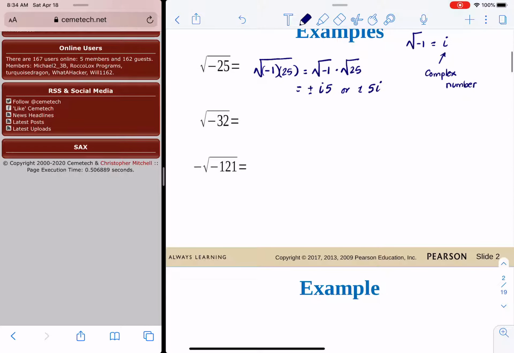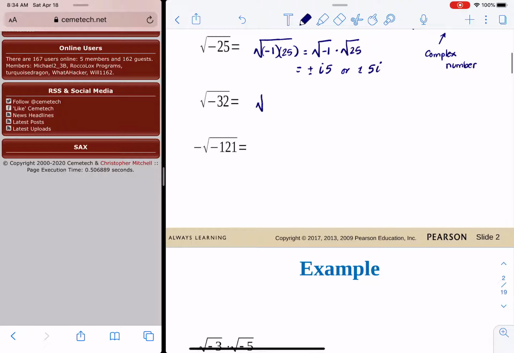So the next problem we have is the square root of negative 32. I could write that as the square root of negative 1 times 2 times 16. You may ask me, well, why are they writing it this way? Because I'm trying to get a perfect square of some sort, and 16 is a perfect square.